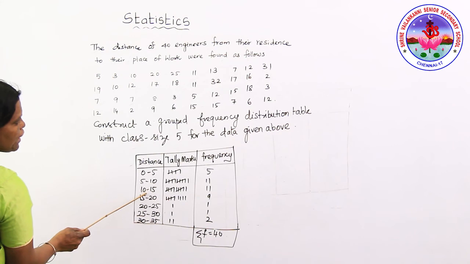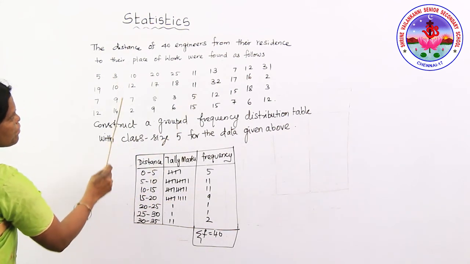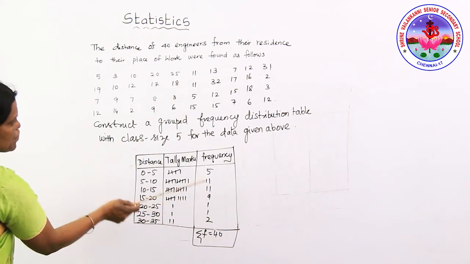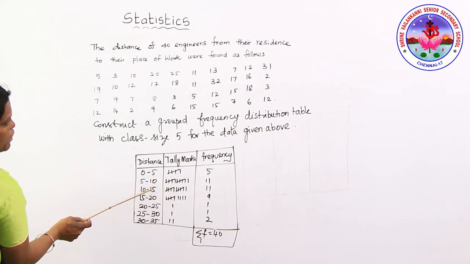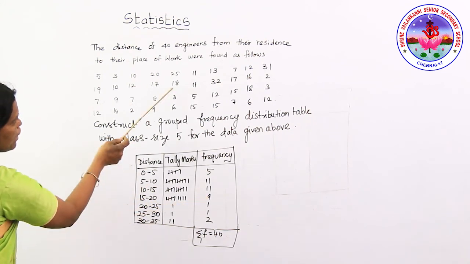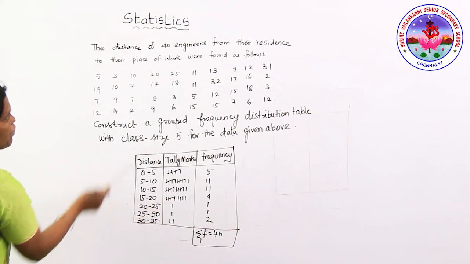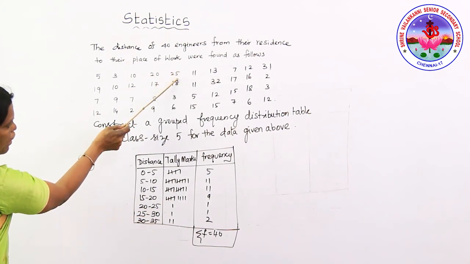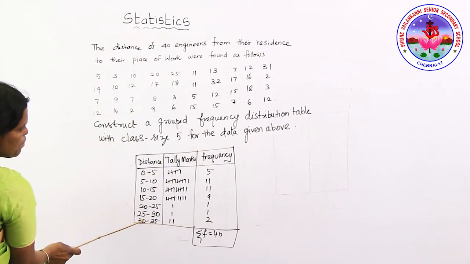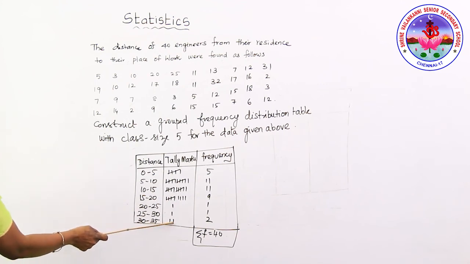Similarly, 10 to 15 kilometers, under this category I find 11 engineers cover the distance between these two limits. 15 to 20, I find 9 engineers. Similarly, 20 to 25, only 1 engineer covers this distance. 25 to 30, and similarly 30 to 35, 2 engineers cover the distance.